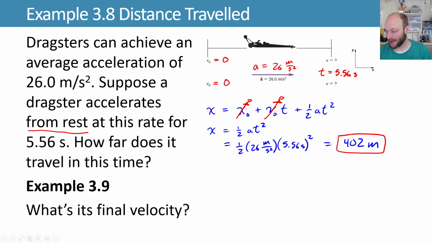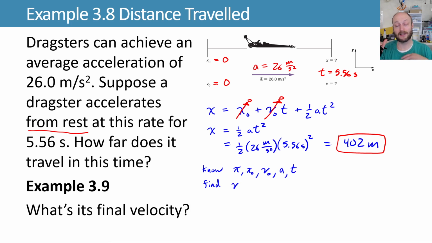How about the final velocity? Well, now we've got a different thing we're trying to find. So for this part B, or this problem 3.9, what do I know? Well, now I know final position as well, in addition to initial position, initial velocity, acceleration, and time. So I know all those things. What I'm trying to find is my final velocity, v.